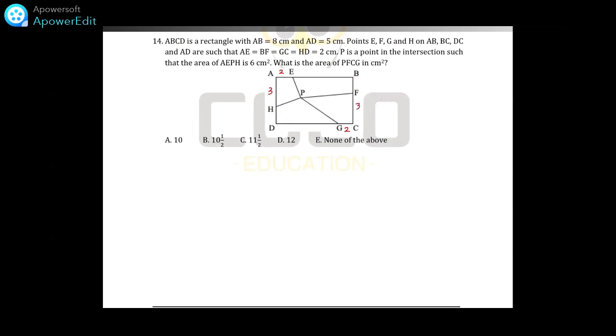Now let's cut the figure. Connect AP and CP. First, let's take a look at the triangle APE and the triangle CPG.